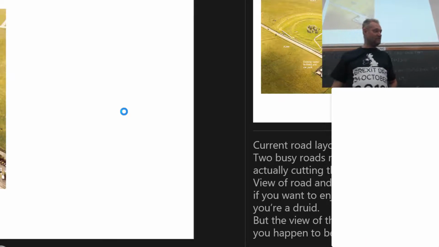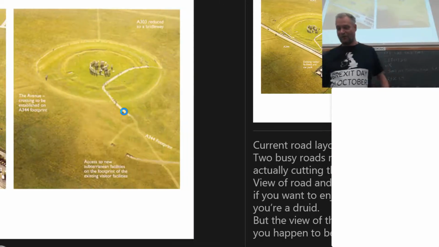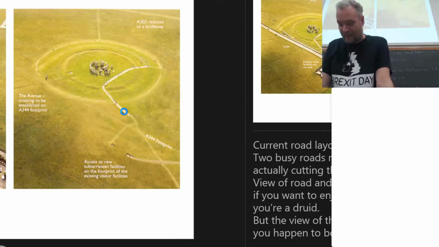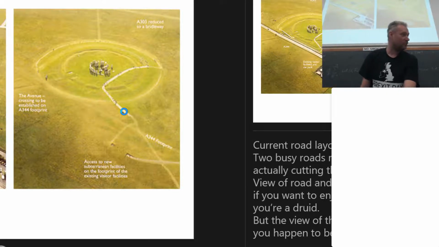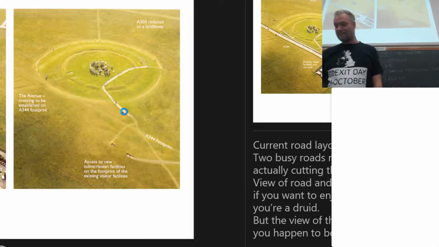If you've ever been to Glastonbury, then you know these roads, right? Absolutely horrendous roads they are. And the proposal was to bury the whole thing underground, to make an underground parking lot, take away the A303 altogether, and put the A344 underground as well.